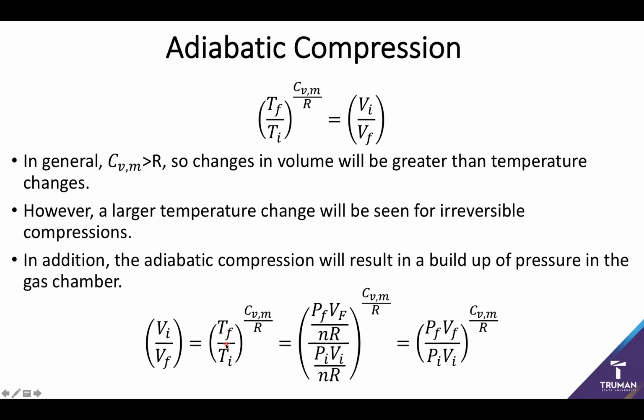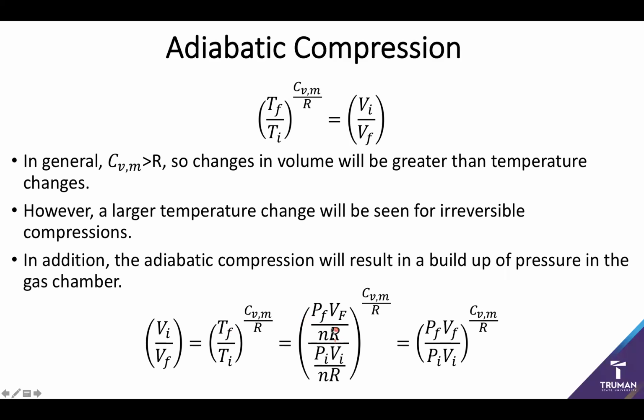And we can do this by inserting our ideal gas law in, because we've already made the assumption of an ideal gas. So what we're going to have is, for the temperature of our final system, the pressure and volume of our final system divided by nR.